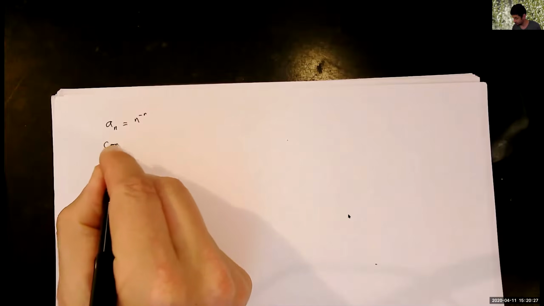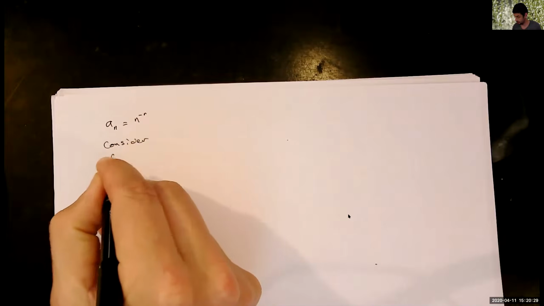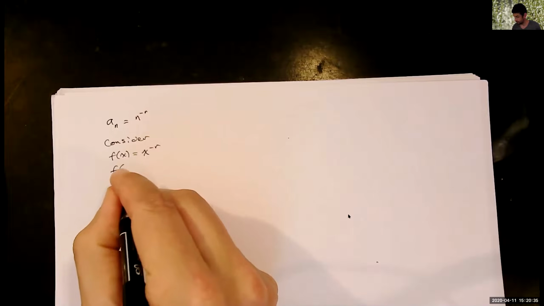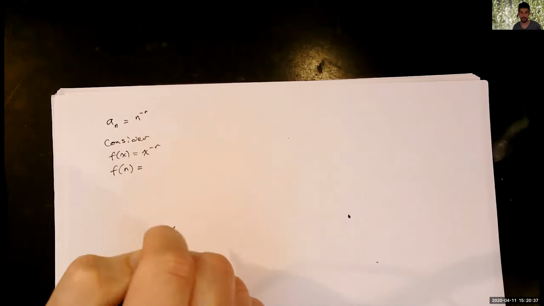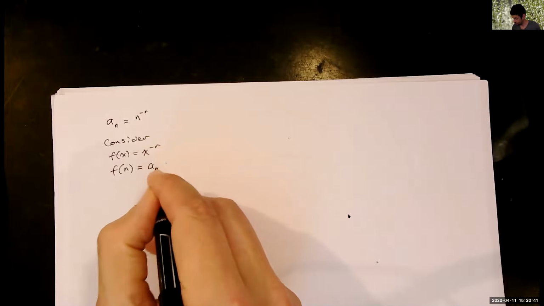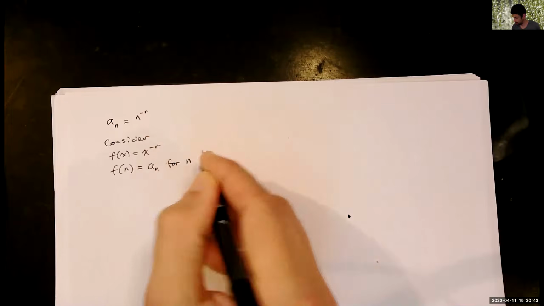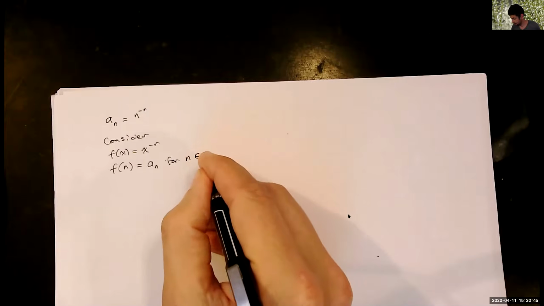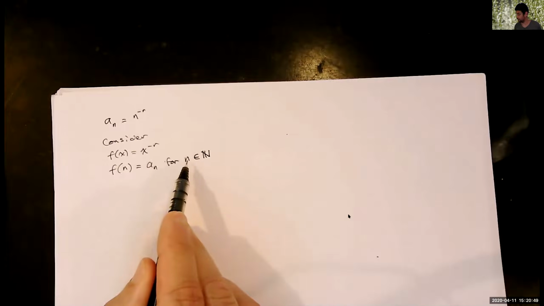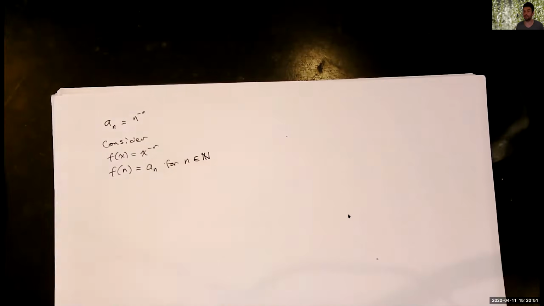Let's consider f of x equals x to the negative r. It's pretty clear that f of n is equal to a sub n for n in the natural numbers, right? So that's just a little symbol to mean n is a member of the set of natural numbers. The natural numbers are just the positive integers.